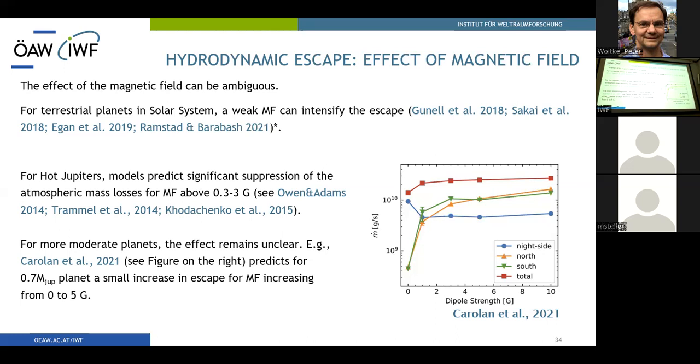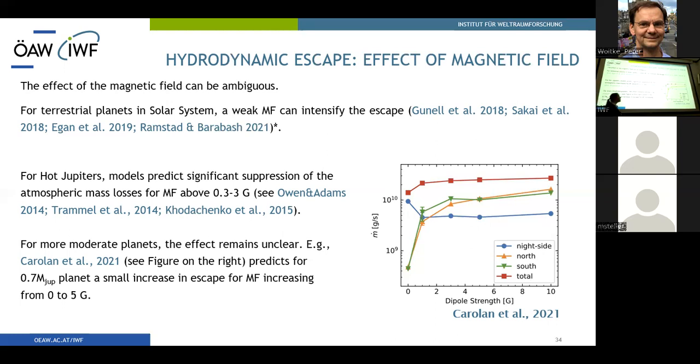For cold Jupiters, different models predict indeed a reduction of the escape if the magnetic field is strong enough, where the border values are different for different models. But for more moderate planets, specifically, I show here the figure from Carolina 2021. It was shown that the reduction of the escape by trapping the ions on closed lines can be overdriven by the polar outflow.